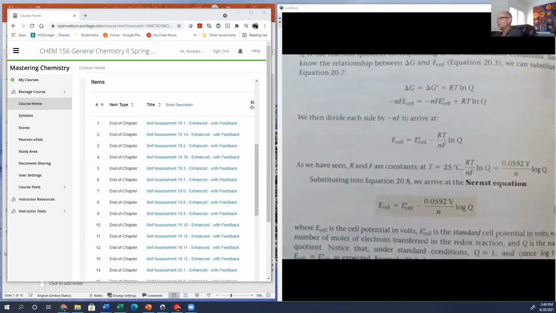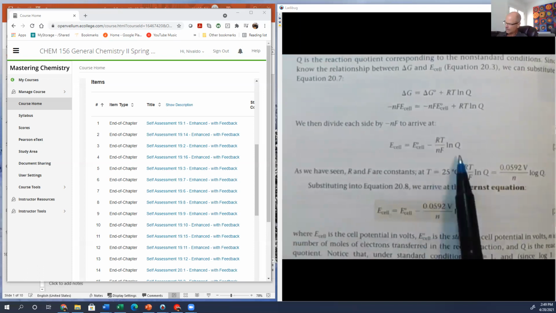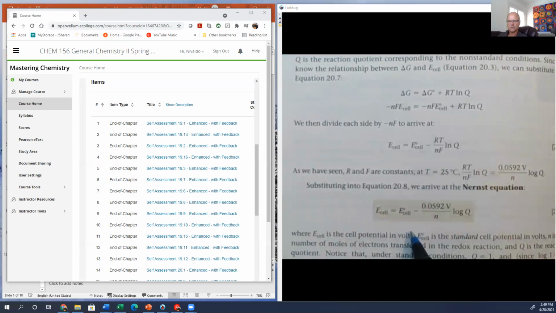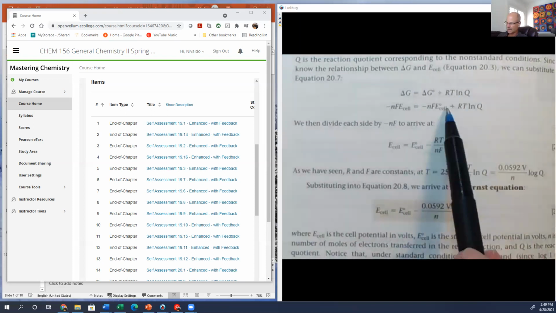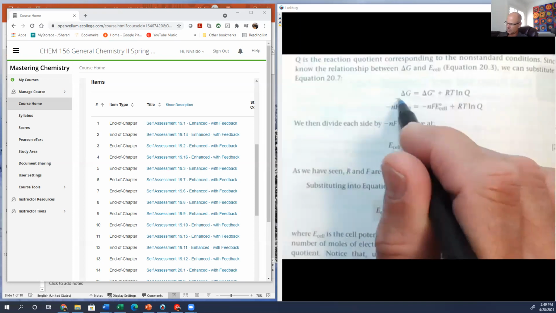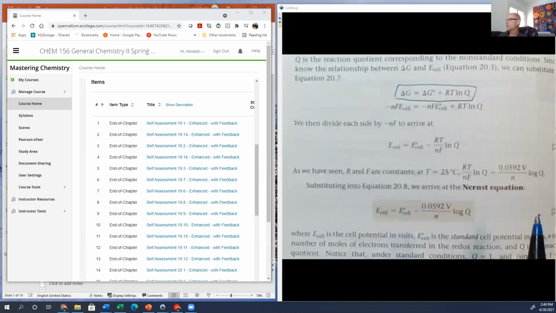So what's going on here is that I'm just going through and deriving this equation. I'm showing where it comes from, because this equation comes from the delta G equation. And so it's kind of weird.